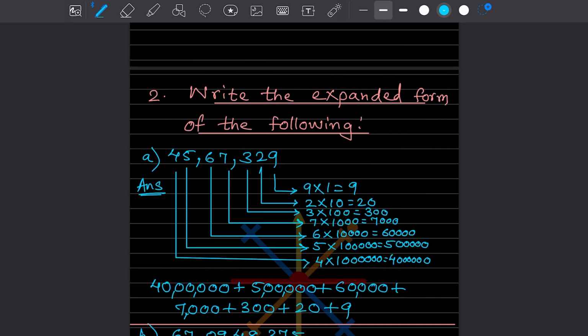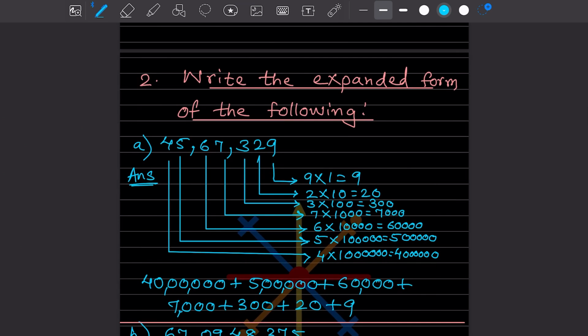So this is the seventh part of the same chapter. So let's start. In the previous video, you have seen the Roman numerals. That was actually the workout of it, and this is the continuation of the workout.